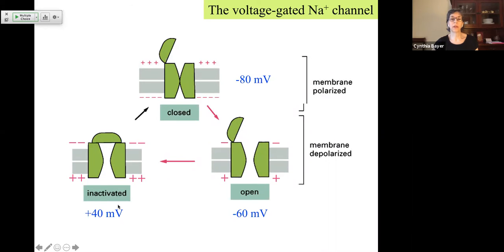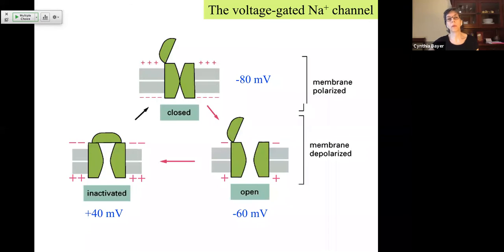The membrane potential rises into the positive range, which will cause that channel to convert to yet a third state, a third shape, in which it's inactivated. It's not only closed, not only does sodium not pass through, but it's inactivated. It can't be converted back to an open state. It will have to wait until the membrane is repolarized.